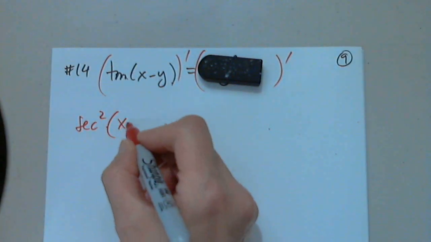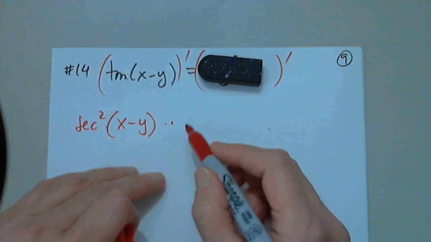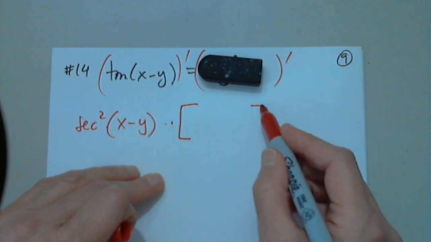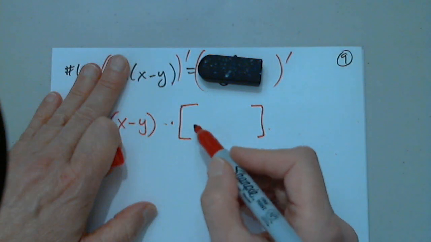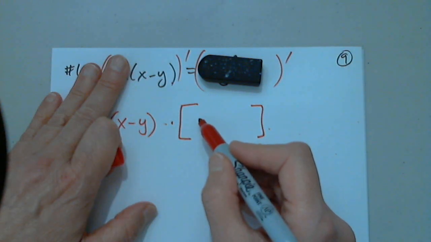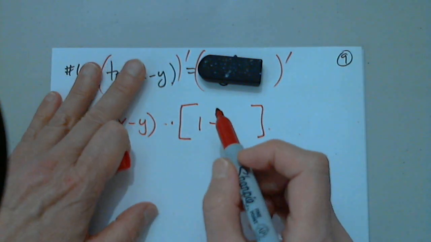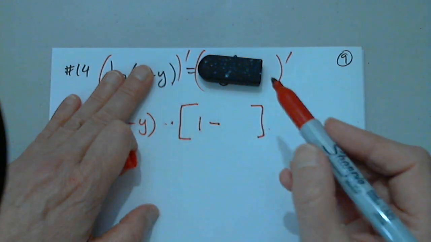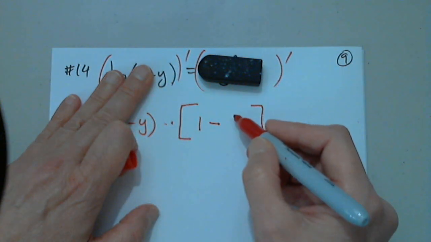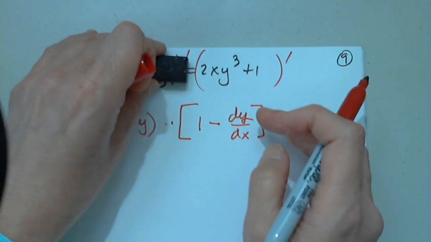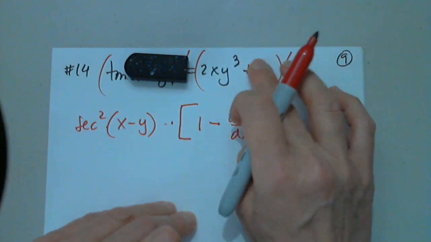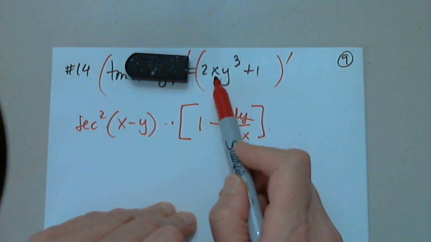Secant squared of indeed x minus y times the inner function prime, x prime, 1. Very good, minus y prime, dy dx. Yes, good.